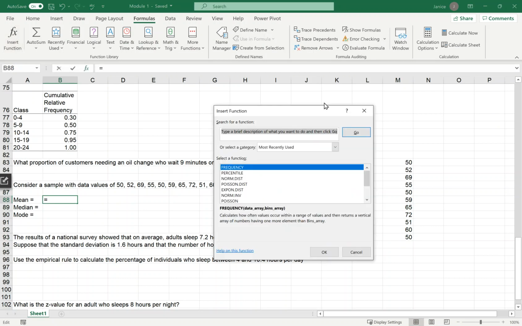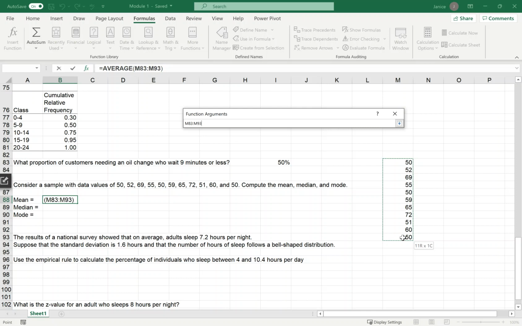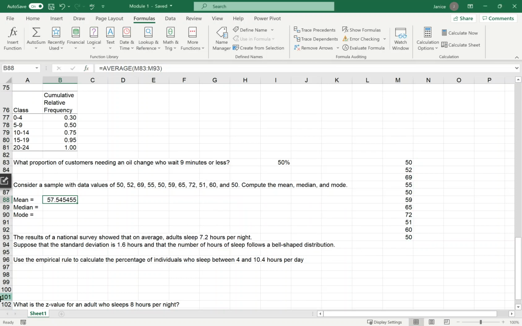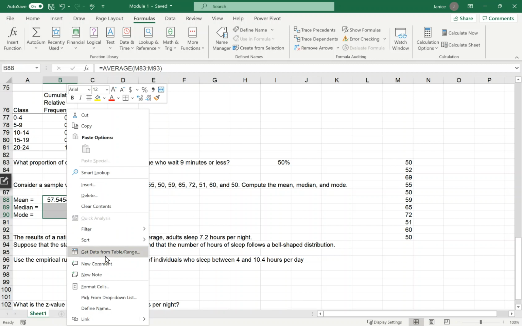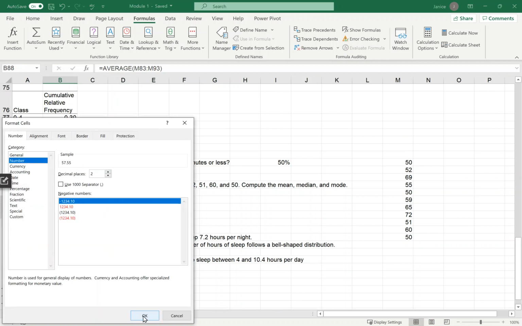Well, a mean in Excel is called average. My array is going to be here. I tell it okay. My mean, I will round to 2 digits. I want to do all these at 2 digits. So let me go ahead and just do that real quick. So format cells, number, 2 digits.